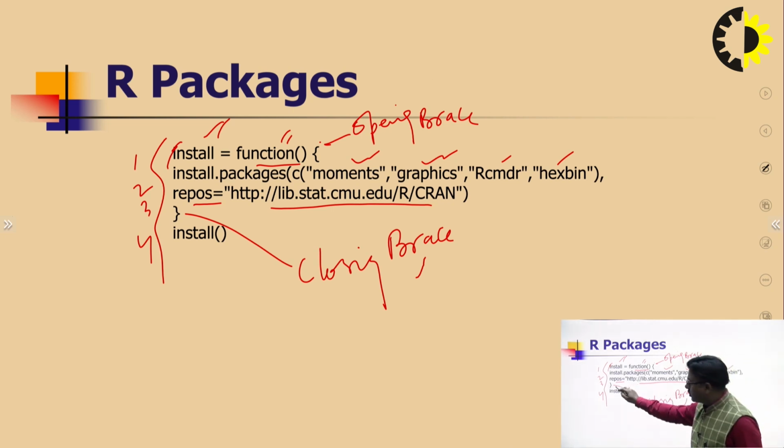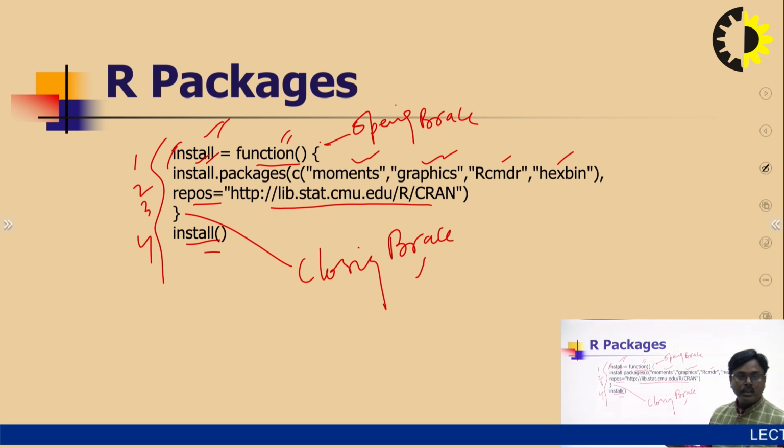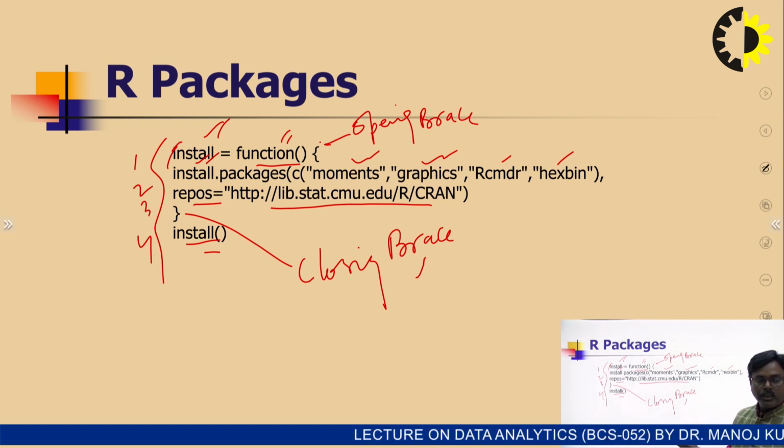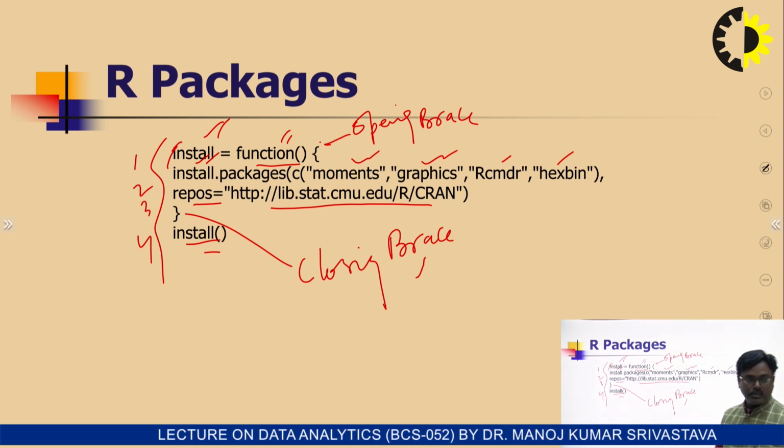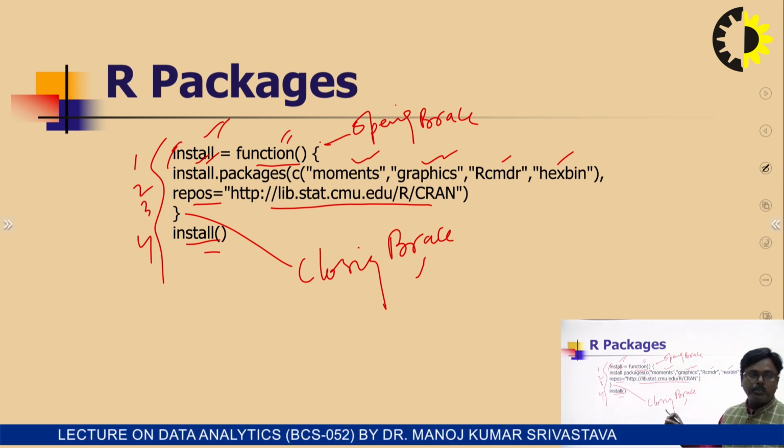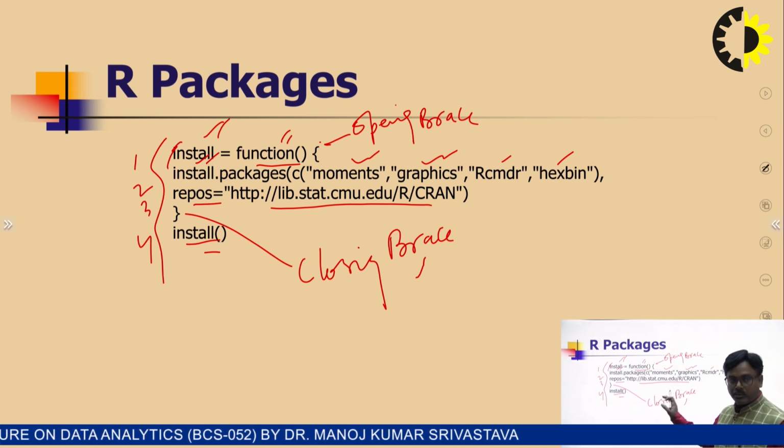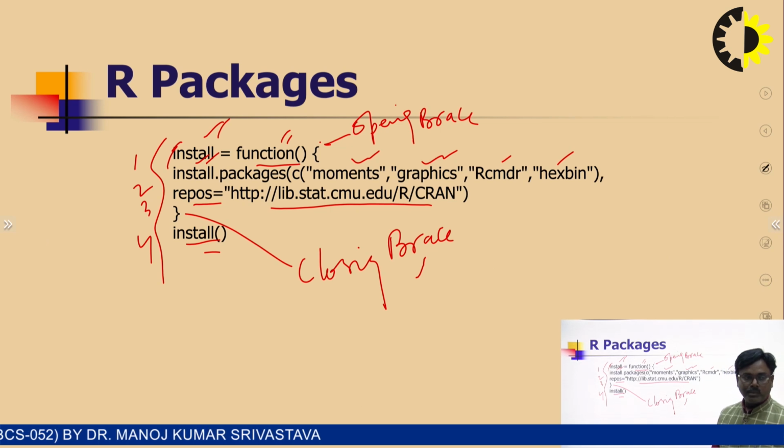And after the closing bracket we will call this install method by simply including round parentheses after the install object. What it will do is simply install these packages in your current session, and the programmer who is writing this program can utilize this package in his programming for data analysis purposes.